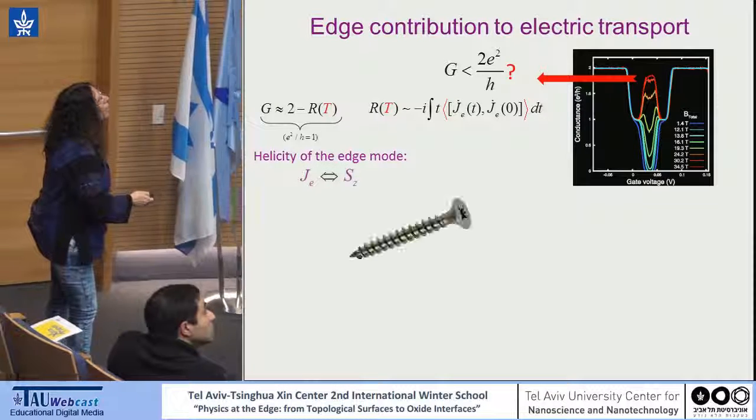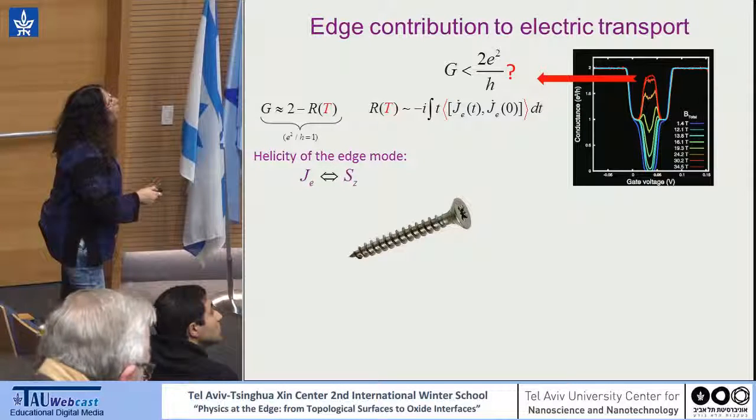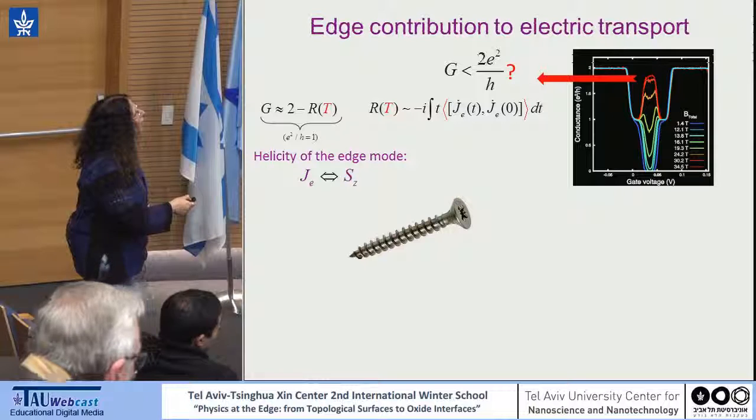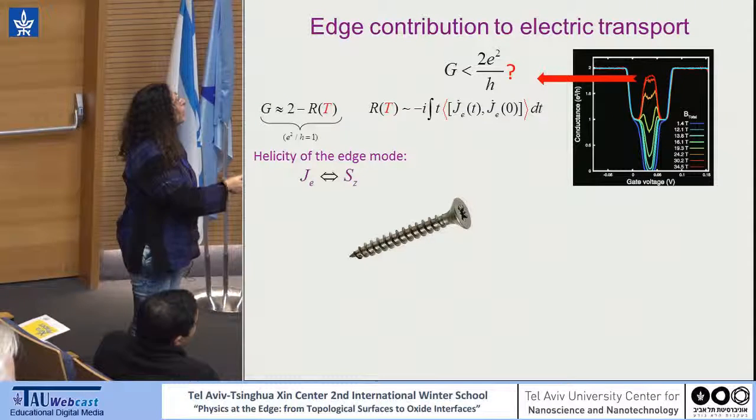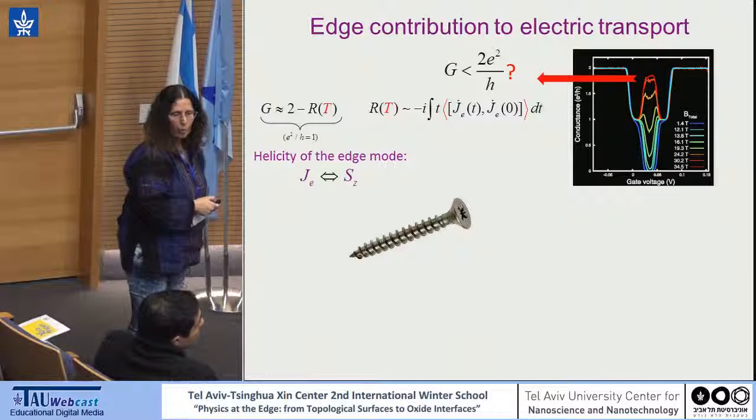And the problem is, remember, we are discussing a helical edge mode, and the helicity is encoded by the fact that the electric current is enslaved to the spin component SZ.